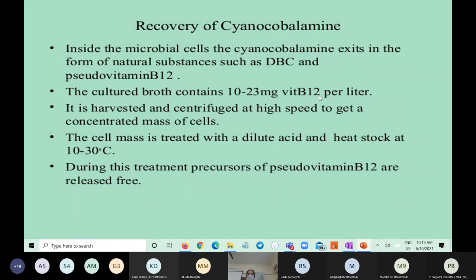The cultured broth contains this much vitamin B12 per liter. After the aerobic fermentation, the broth is harvested and centrifuged at high speed. After centrifugation, we get a concentrated mass of cells carrying the DBC and pseudo vitamin B12.